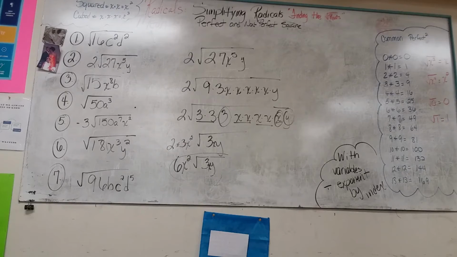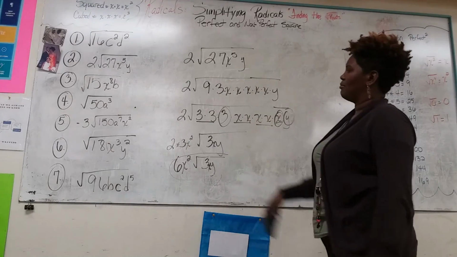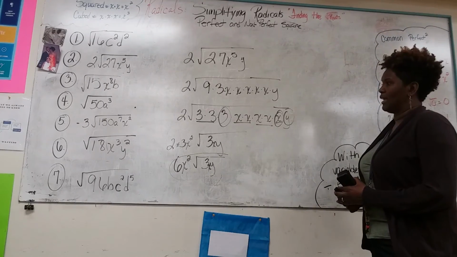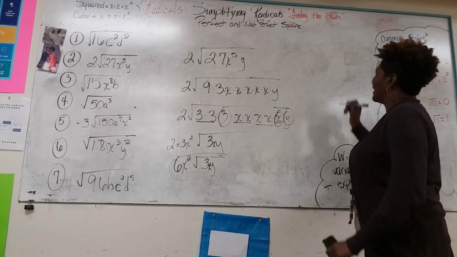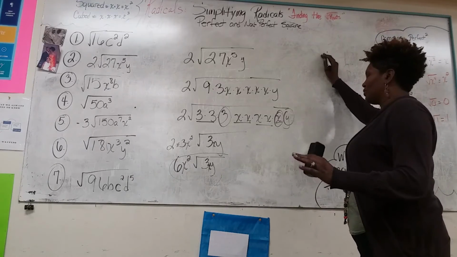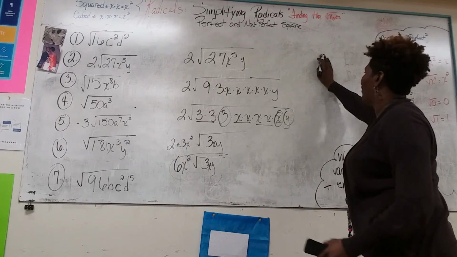Okay? Just be careful about little things like that because that can mess up the whole problem. But that's the answer. Now, we can do it another way. I'm showing 2 different ways. I may not show them on all problems, but right now while I'm feeling it, I'm doing it.